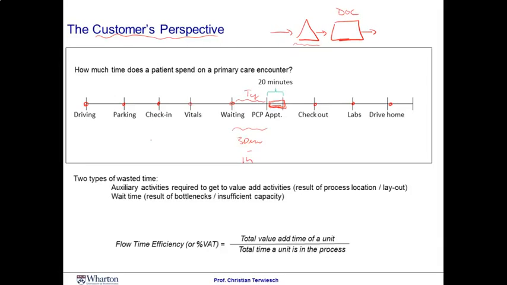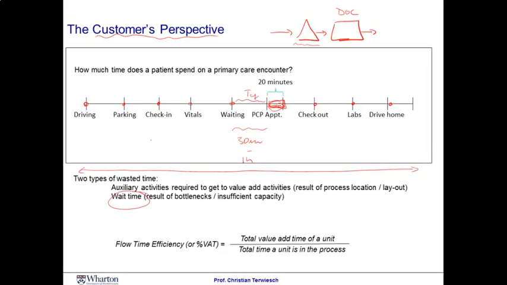To really understand improvement opportunities, it's important that we look at this entire process end to end. We notice that beyond the waiting time, there are a set of activities that are really required to get the value add, namely the time with the doctor, but they are not adding value by themselves. Getting to the practice is important, but after all, not value add time.